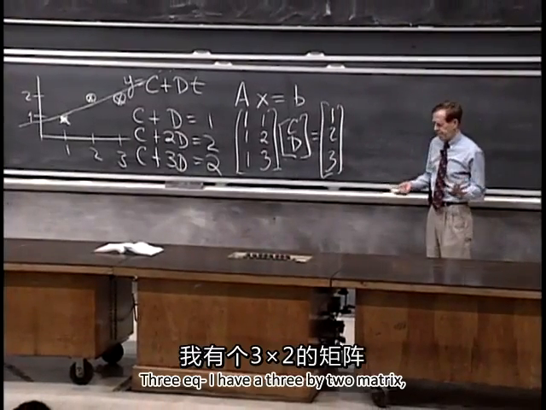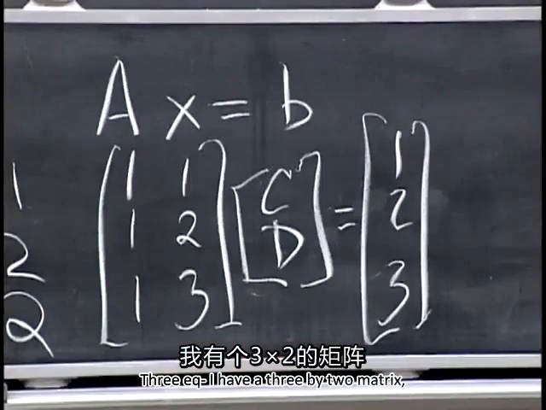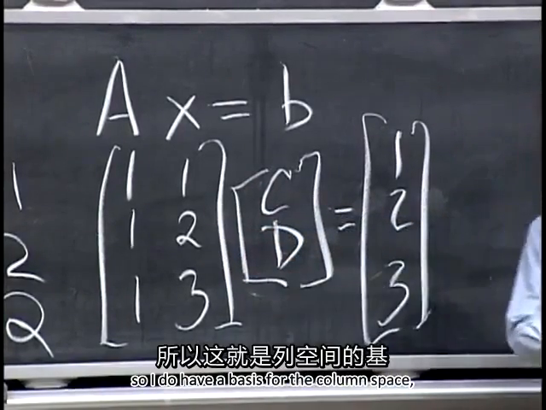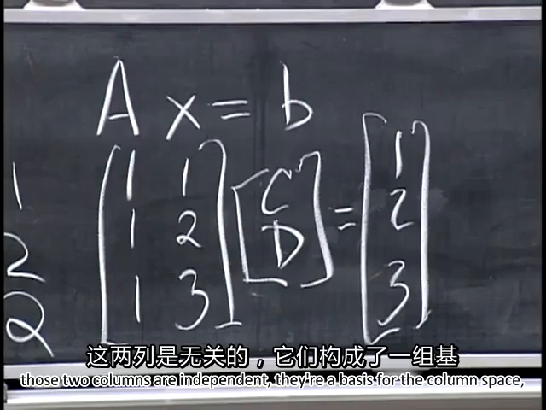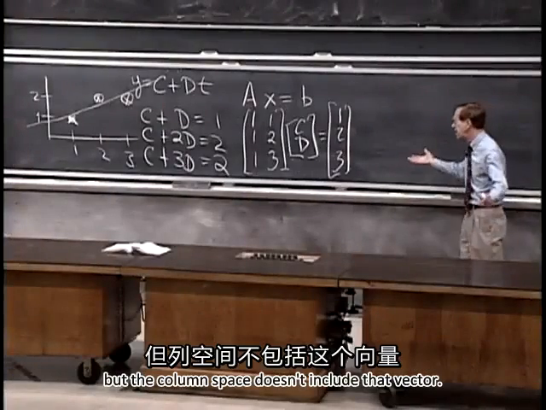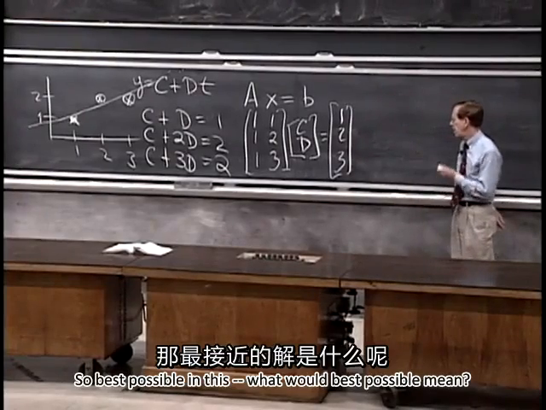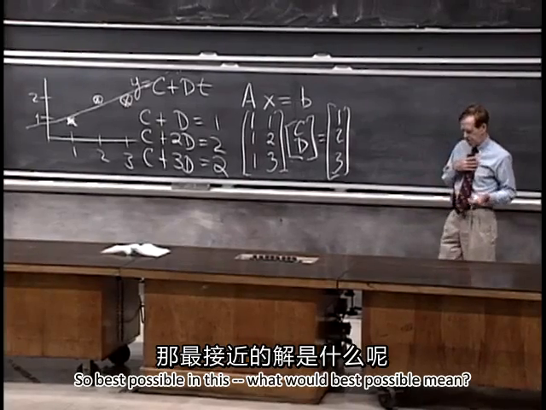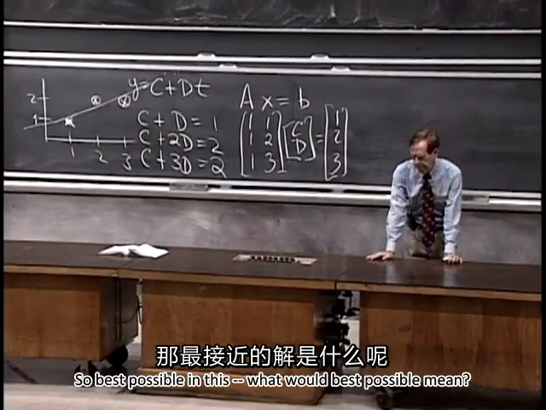No solution. I have a 3 by 2 matrix. I do have two independent columns. So I do have a basis for the column space. Those two columns are independent. They're a basis for the column space. But the column space doesn't include that vector. So best possible in this, what would best possible mean?